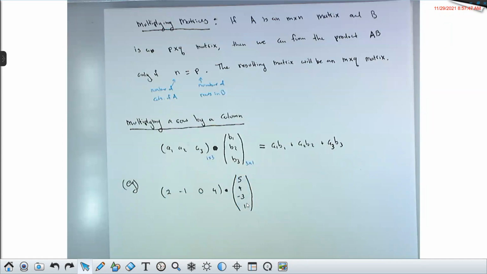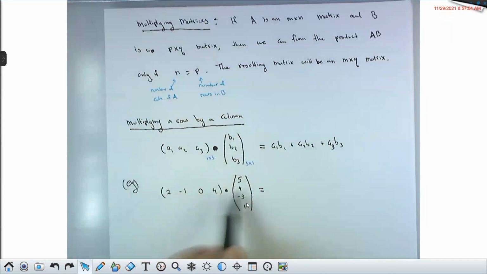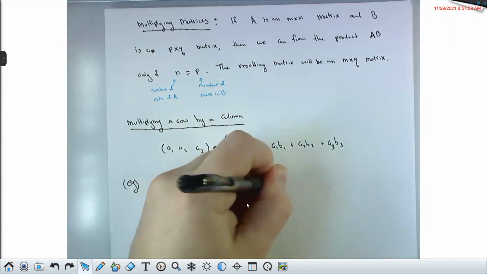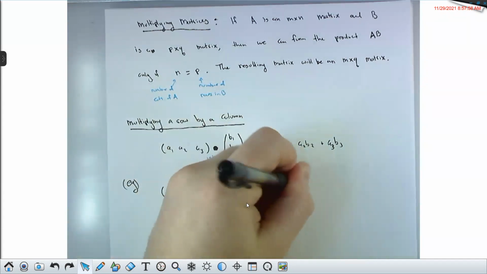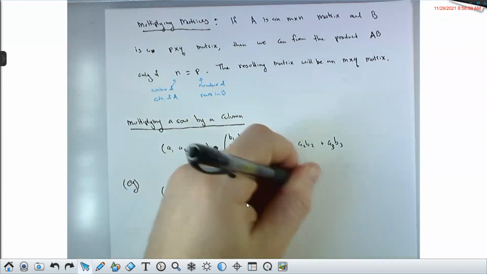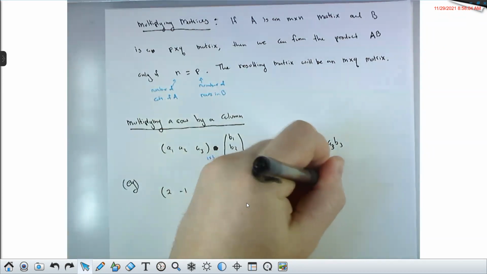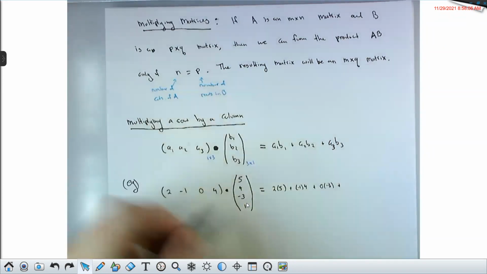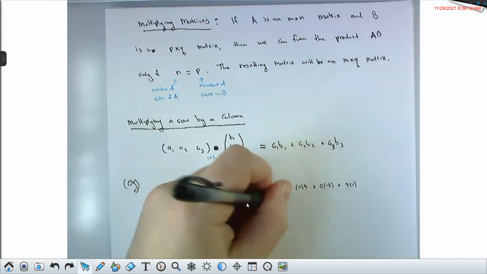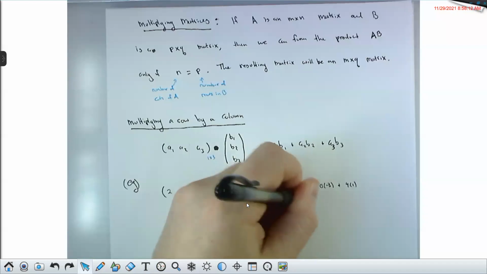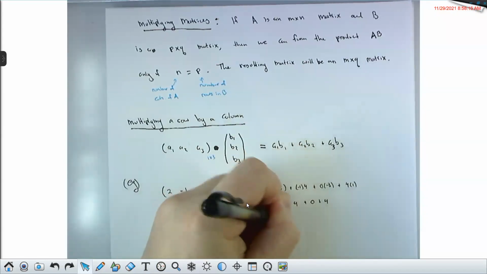Those inner numbers match. And what I will get here is just the number 2 times 5 plus -1 times 4 plus 0 times -3 plus 4 times 1, which is 10 minus 4 plus 0 plus 4, which is just 10.